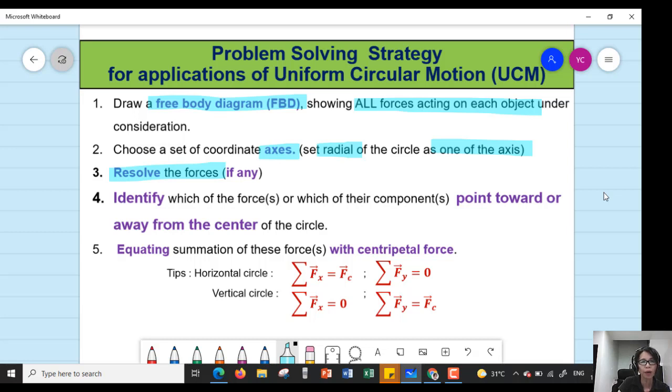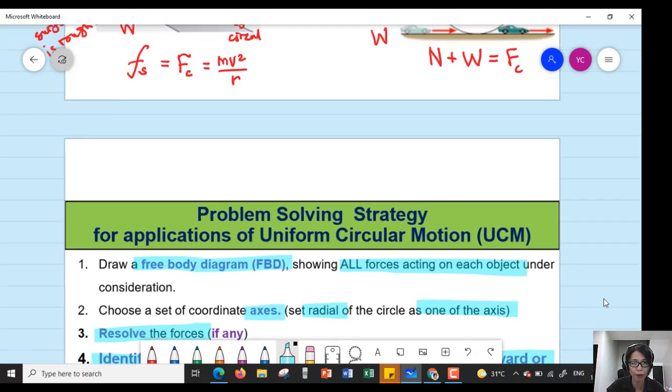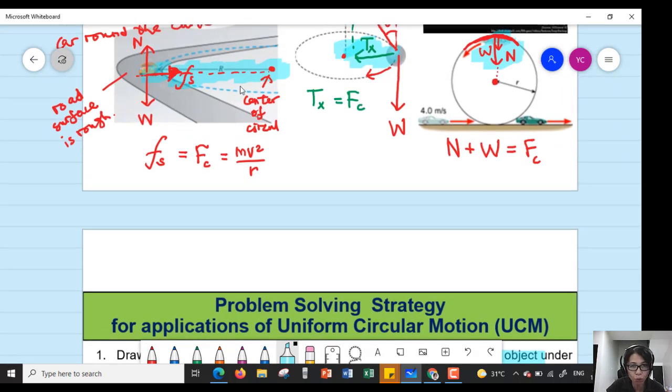After that, we identify the forces or their components which point towards or away from the center of the circle. These forces or their components, we equate with the centripetal force, because the components of forces that point towards the center will be our centripetal force.